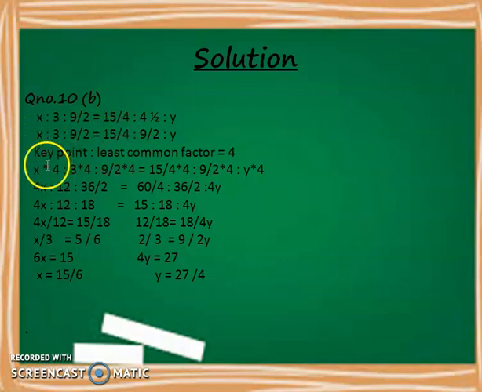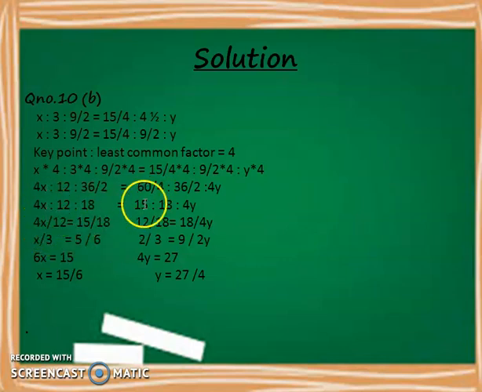I have multiplied x with 4, 3 with 4, 9 by 2 with 4, and all the other terms with 4. x multiplied by 4 gives me 4x, 3 multiplied by 4 gives me 12, and 9 by 2 multiplied by 4 gives me 36 by 2. 15 multiplied by 4 gives me 60 by 4, and here 36 by 2 and 4y. And here 36 by 2 gives me 18, and here 36 by 2 gives me 18, and 60 divided by 4 gives me 15.